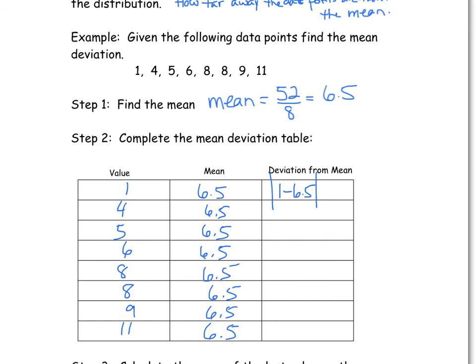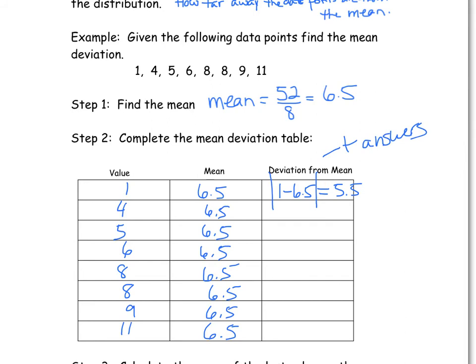The absolute value means we only get positive answers. So even if the answer is negative, we ignore the negative sign and we just write the number value. So the difference between 1 and 6.5 is 5.5. So 1 is 5.5 away from 6.5, away from the mean.